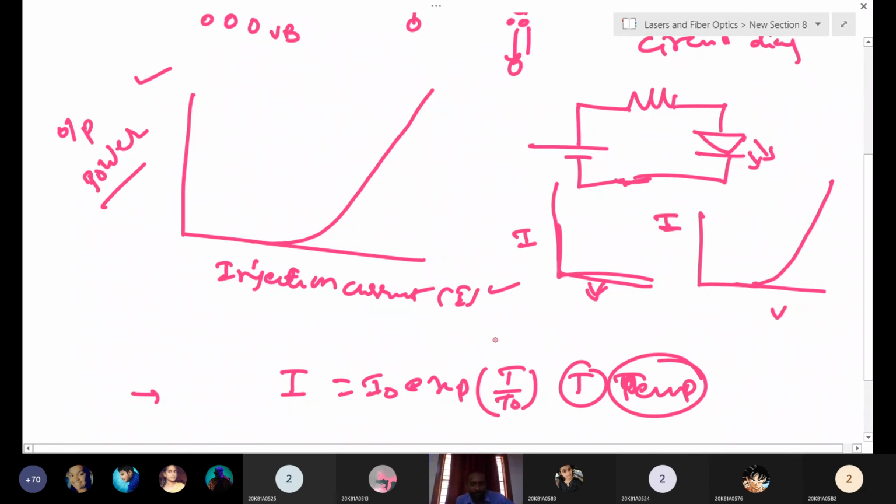If you increase the temperature, the diode will heat up and it will not produce the power. Power will reduce, it will heat up and reduce the output power, or performance will decrease. So this homojunction laser cannot run continuously. That is also one more drawback. To overcome this drawback, we will go to the heterojunction laser. That we will discuss tomorrow.